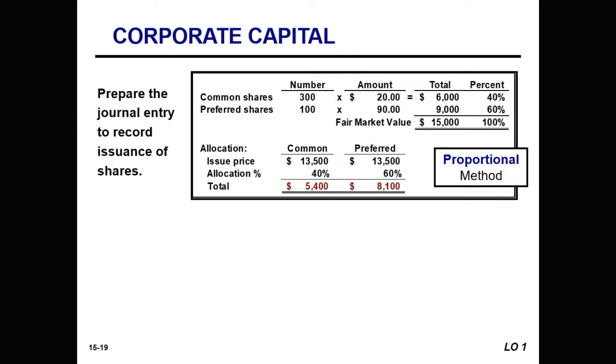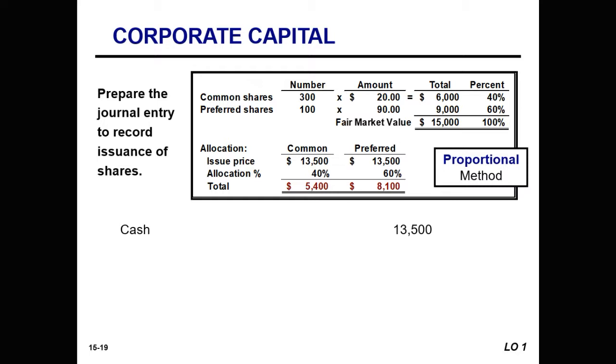Next, we'll prepare the journal entry to record the issuance of these shares. Now remember, these are par value shares. So let's look at how that works. We received $13,500 in cash.